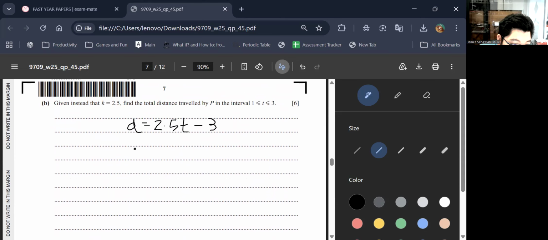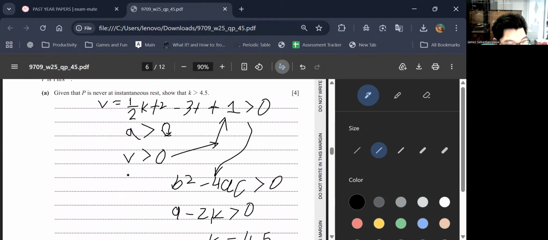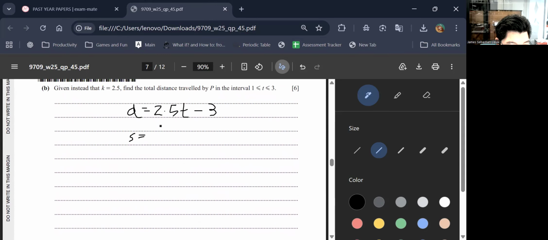They want distance, so we need to integrate velocity to get distance, which will yield 1/6 kt cubed minus 3/2 t squared plus c.